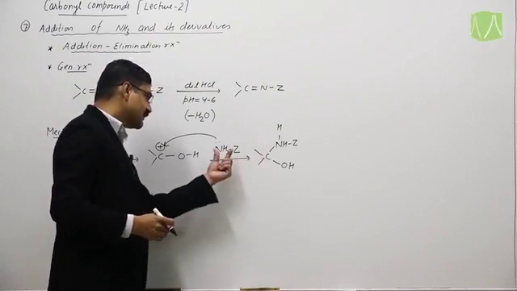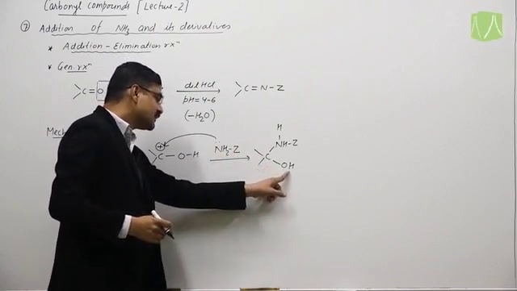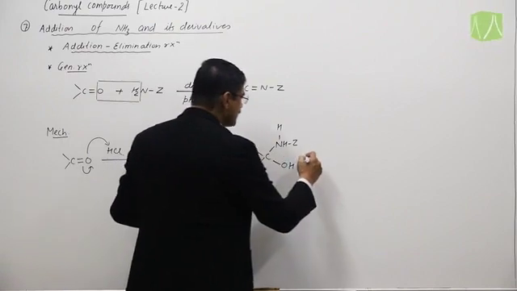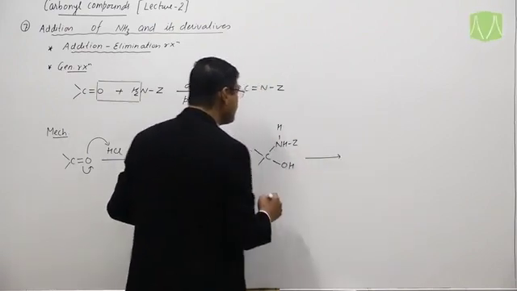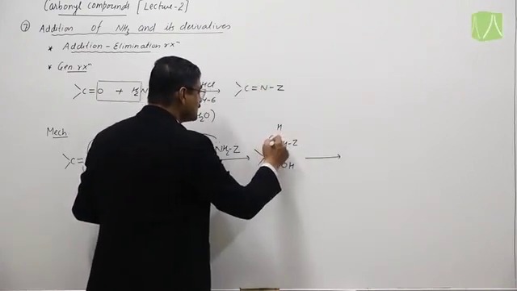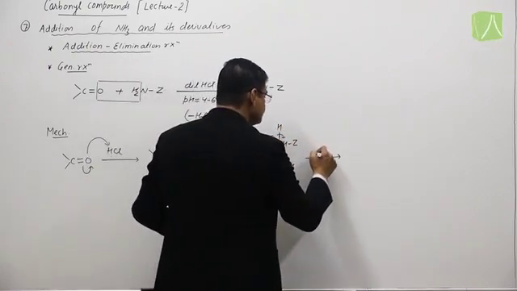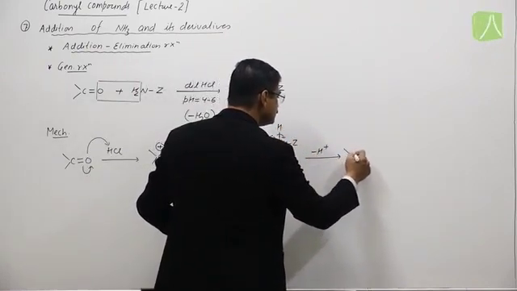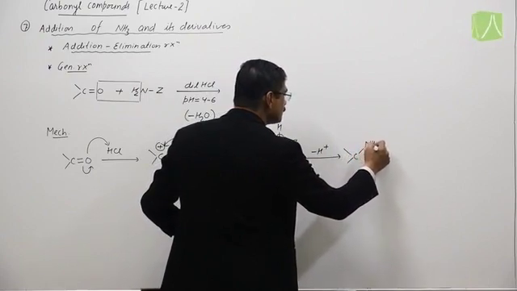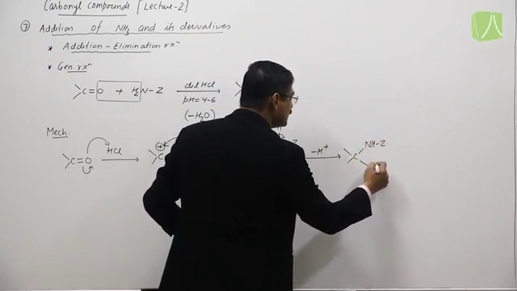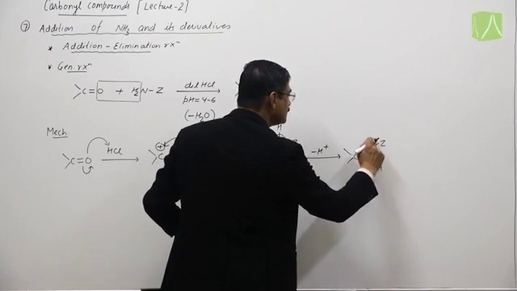The nucleophile is at the carbon, and H is at the oxygen atom. Now after removal of H+, NHZ and OH is the product.